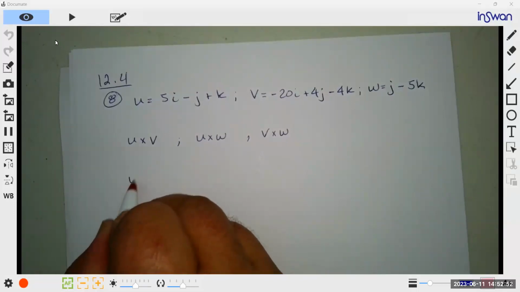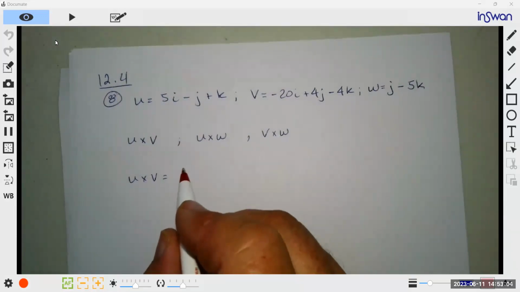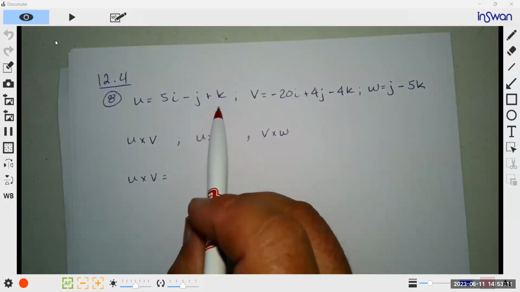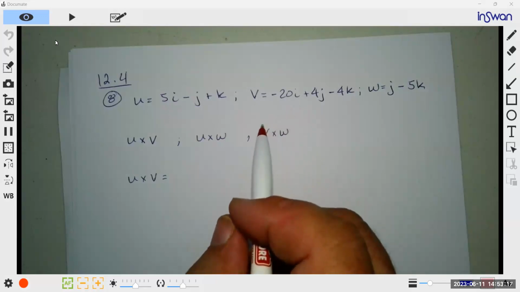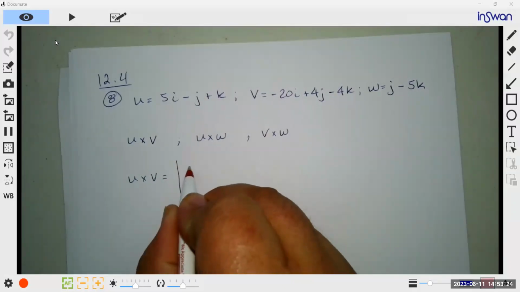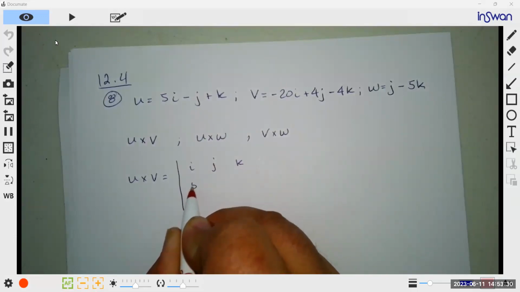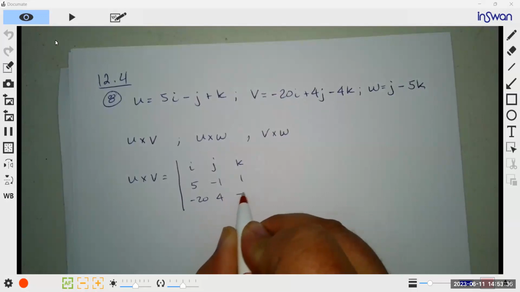All right, so the first one, U cross V. Make sure the values are correct. 5, negative 1, 1, negative 24, negative 4, and then 0, 1, negative 5. Negative 1, 1, negative 24, negative 4.